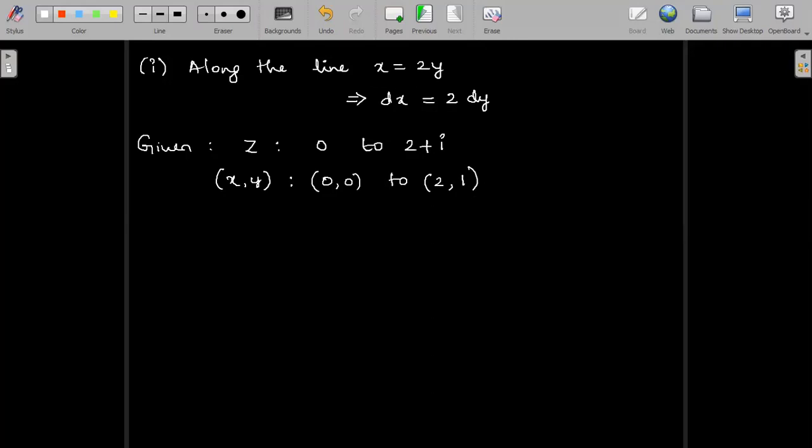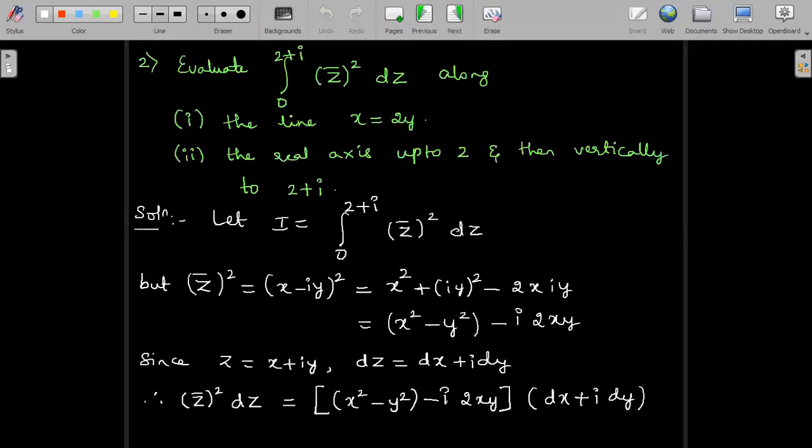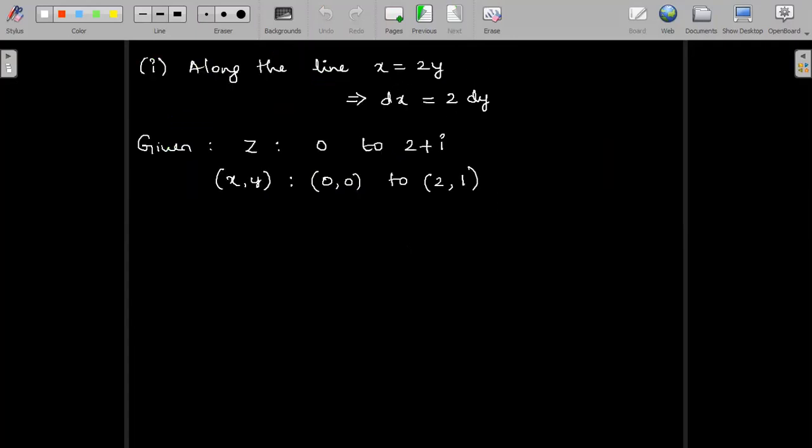Now, since we are representing x in terms of y, I'll be substituting in the previous expression, z bar whole square dz. This is the integral I have to evaluate. When I substitute everything in terms of x and y, I would like to substitute x is equal to 2y and dx is equal to 2 dy. So every term will be with respect to the variable y.